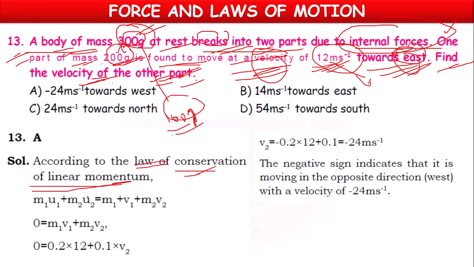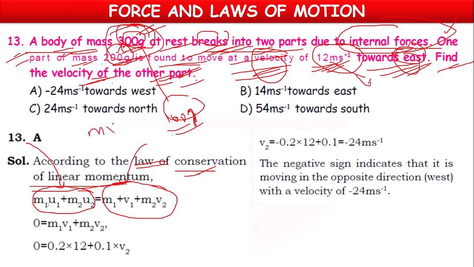According to that, the total momentum before breaking into two parts equals the total momentum after breaking into two parts. The total momentum before the explosion will be the same as after the explosion. Before breaking into two parts, it is actually at rest.